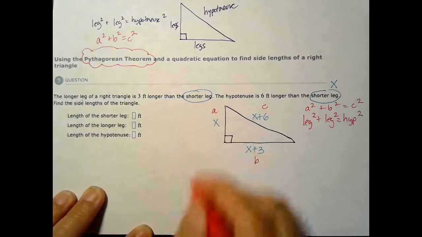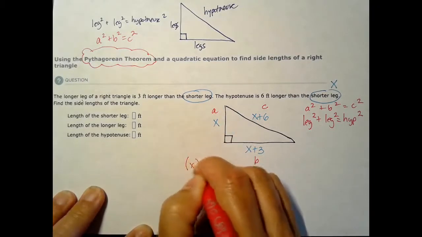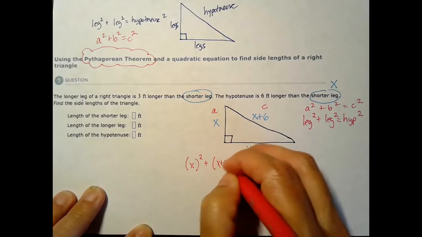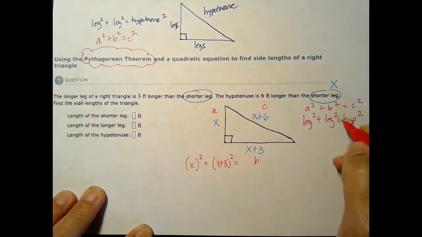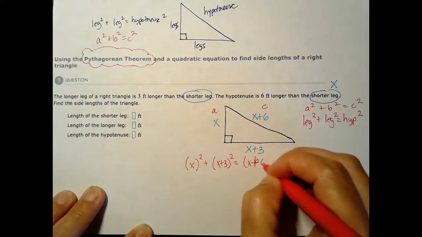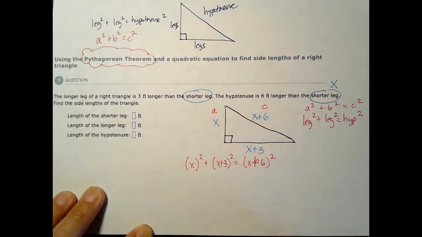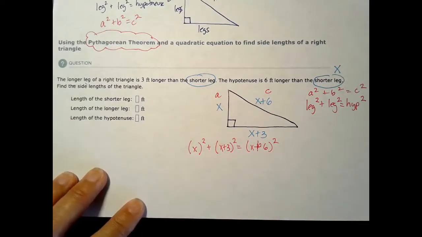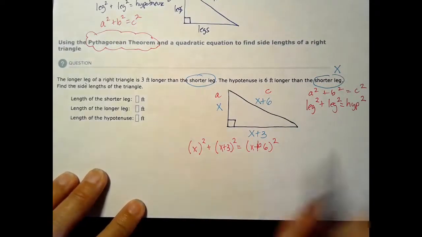So a squared, that would be x squared, plus b squared, that would be (x plus 3) squared, equals c squared, that would be (x plus 6) squared. So here's my equation. And now we just have to simplify it and solve it.